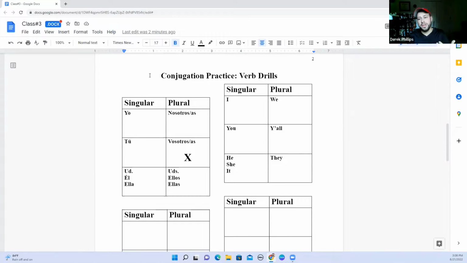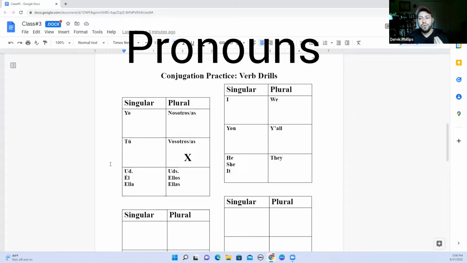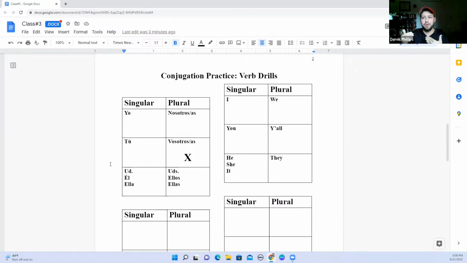Again, for my Spanish speakers out there, you are familiar with a set of specific pronouns. Pronouns are words that we use to represent people, objects, the subject of a sentence, okay?